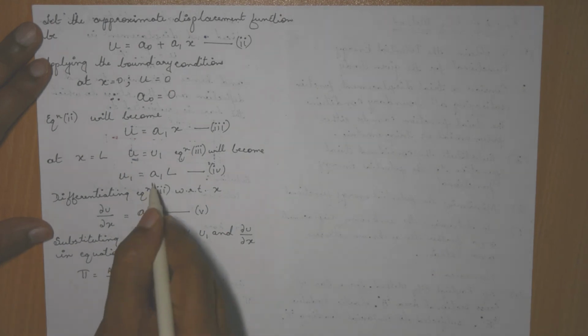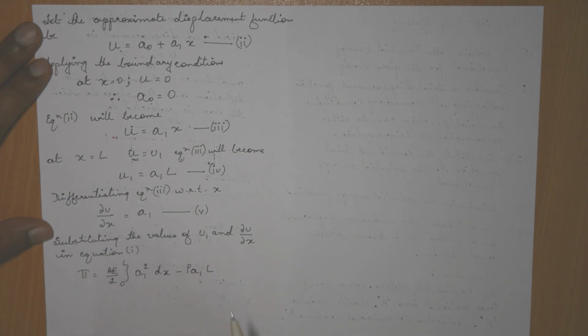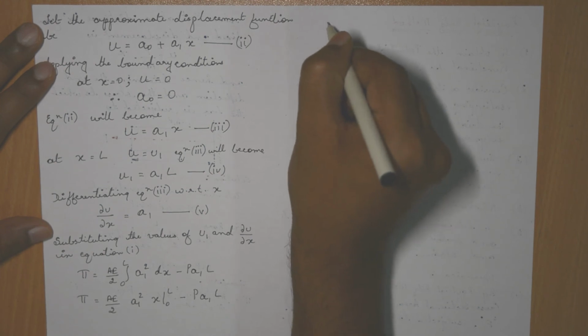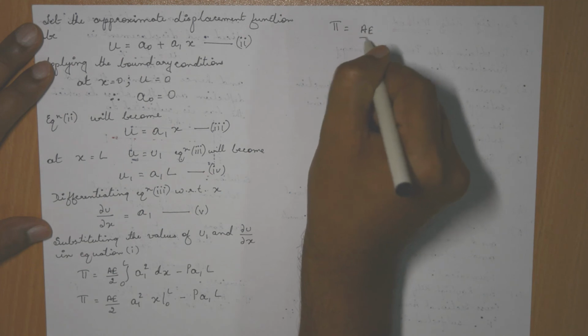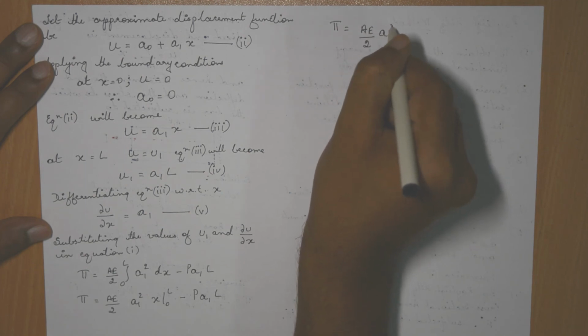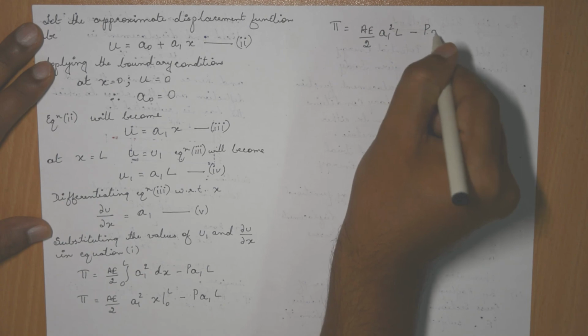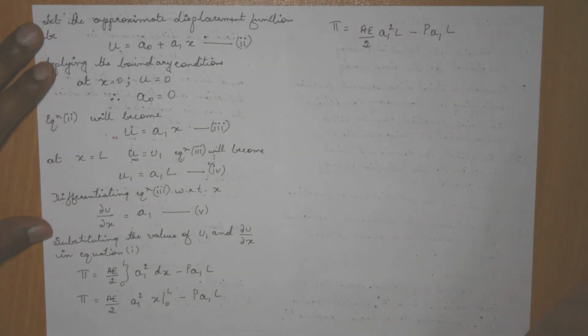U1, when you substitute, is A1 L. Now when you integrate this, pi equals AE by 2 A1 square x from limit 0 to L minus P A1 L. When you substitute the limits, pi is equal to AE by 2 A1 square L minus P A1 L.